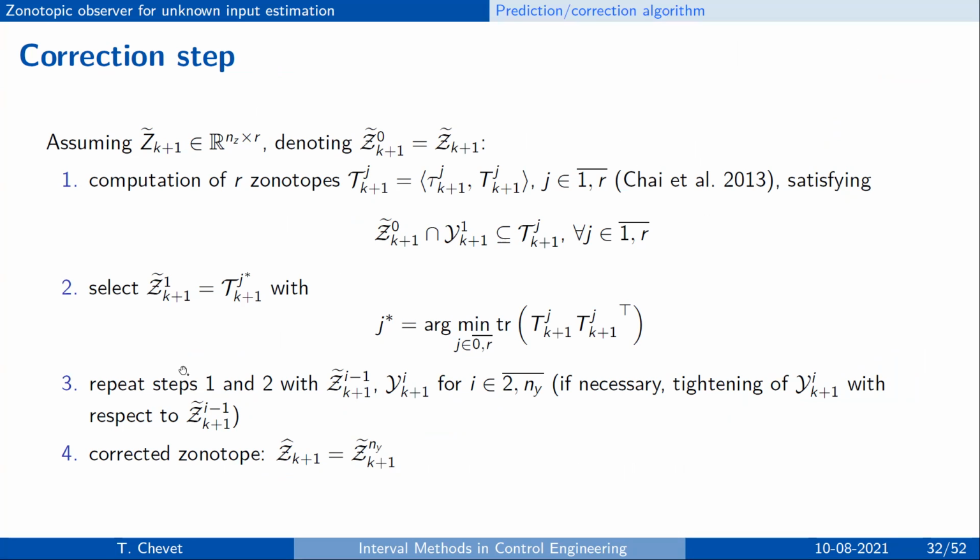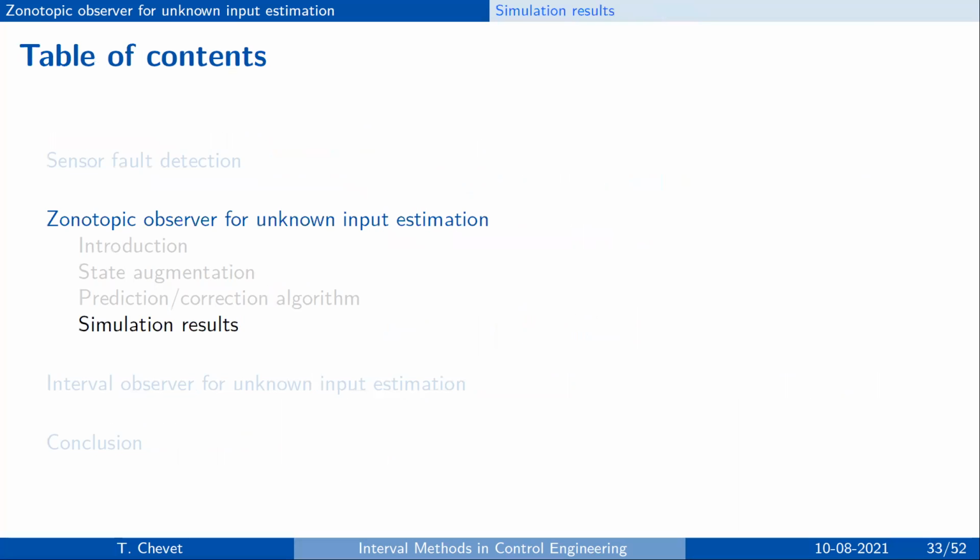Then if we have more than one measurement, we repeat these steps by replacing this zonotope by this one, and recursively doing the same thing. And if necessary, we tighten the corresponding strip to have a less conservative estimate. Finally, when we don't have any more measurements, we call the last corrected zonotope that we obtained with this strategy the estimated zonotope.